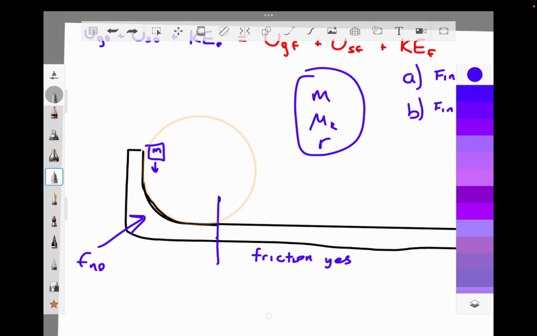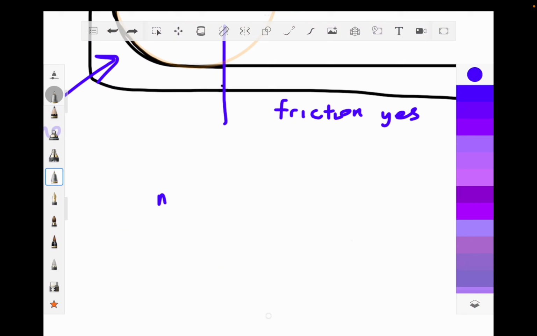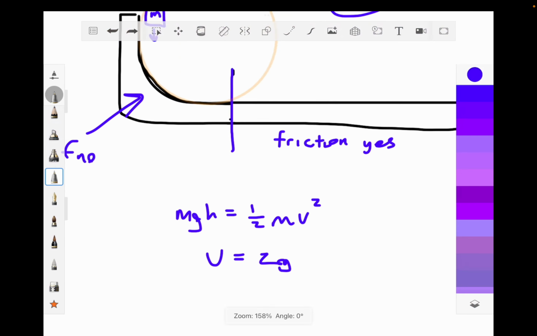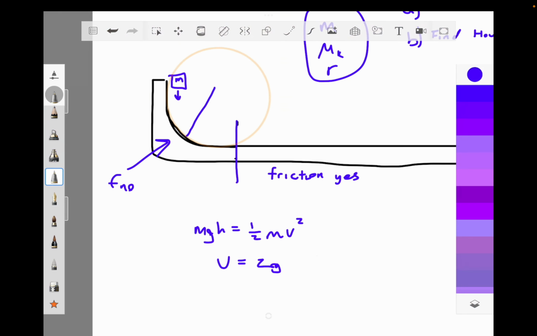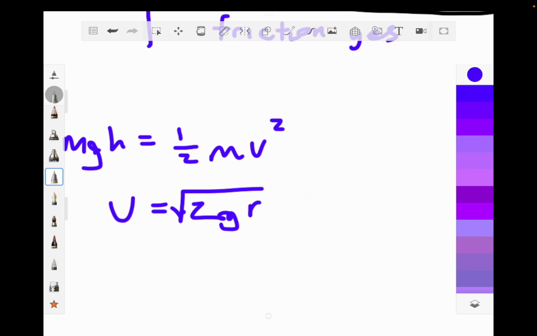So you could do mgh equals 1/2 mv squared for part A, solve for V, and you get the square root of 2gh, or in this case it'd be R, because this is the height of the circle. It would be square root 2gR, and that would be your V.